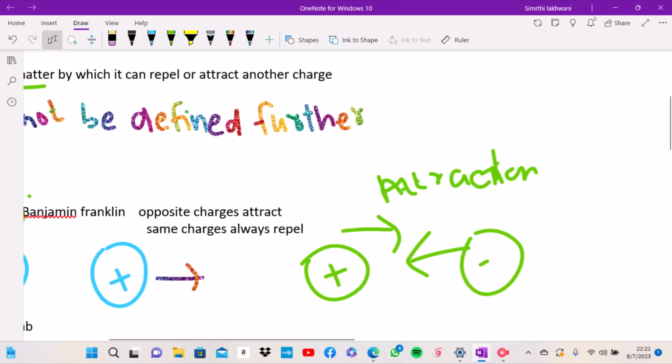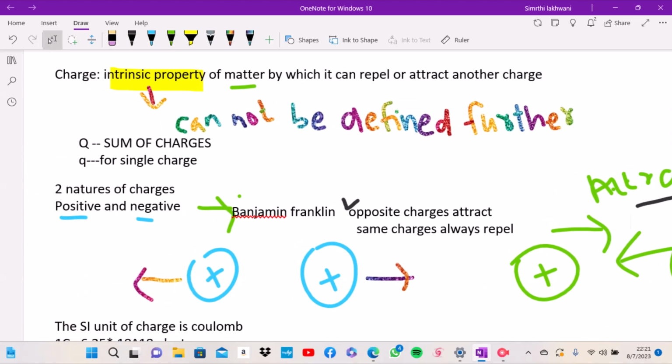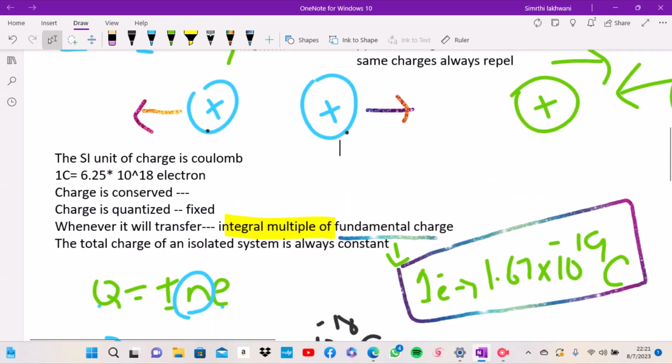As you can see over here, this is positive, this is negative, so there will be a force of attraction between them. But when we talk about the same charges, consider that this is positive, this is positive, both are the same charges, so obviously they will repel, there will be a force of repulsion between them, right?